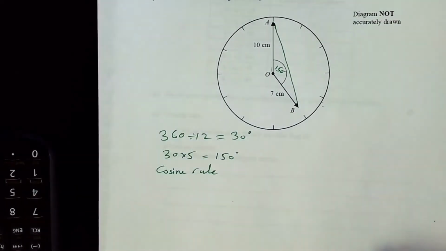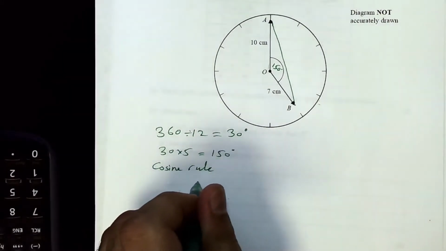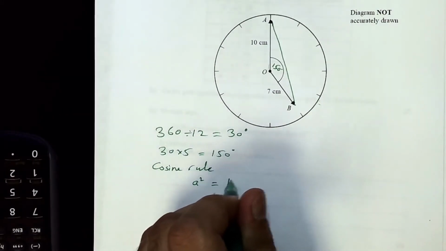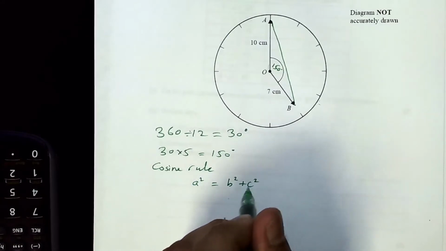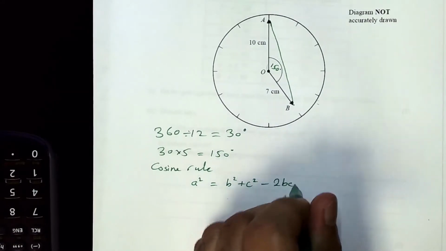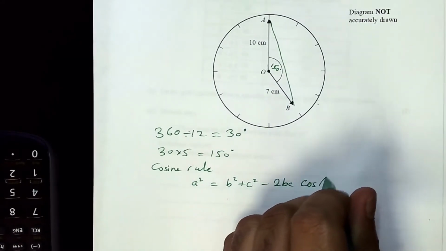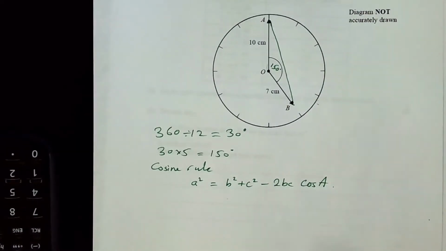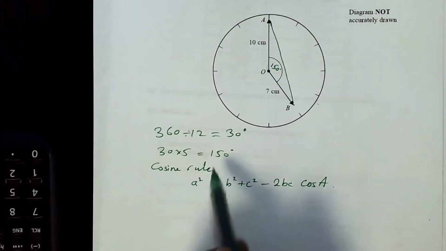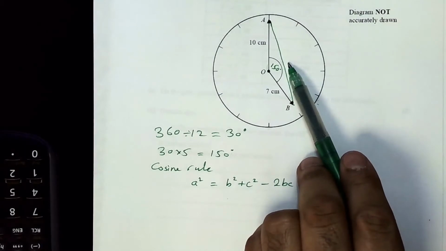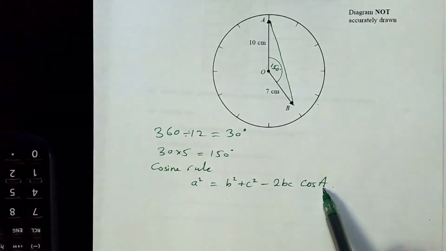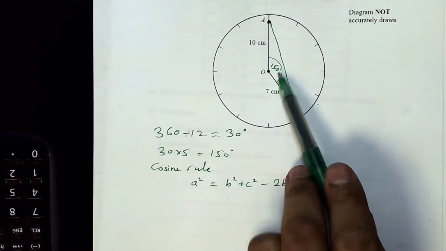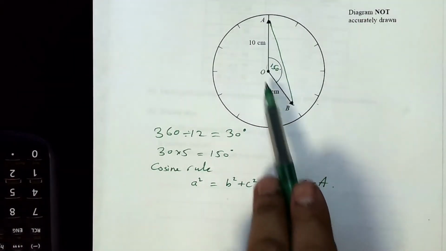The first step, I'm going to write out the formula: a squared is equal to b squared plus c squared minus 2bc cos A, where a is the length we're working out, cos A is the cos of angle A, and b and c are 10 and 7.